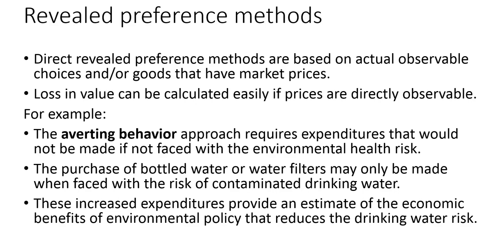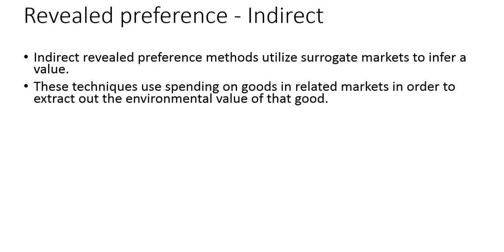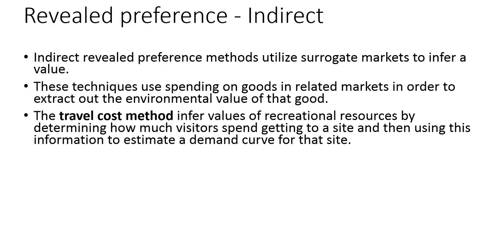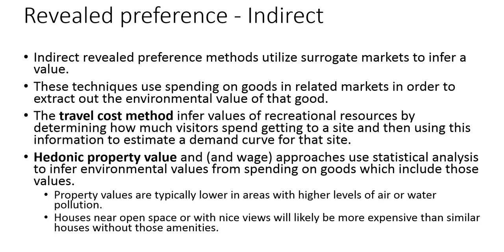In that case, you'd be using a combination of a revealed preference approach, averting behavior, along with contingent behavior, a stated preference approach. You can ask people about how many recreation trips they would take in different situations and combine the revealed and stated preference approaches.